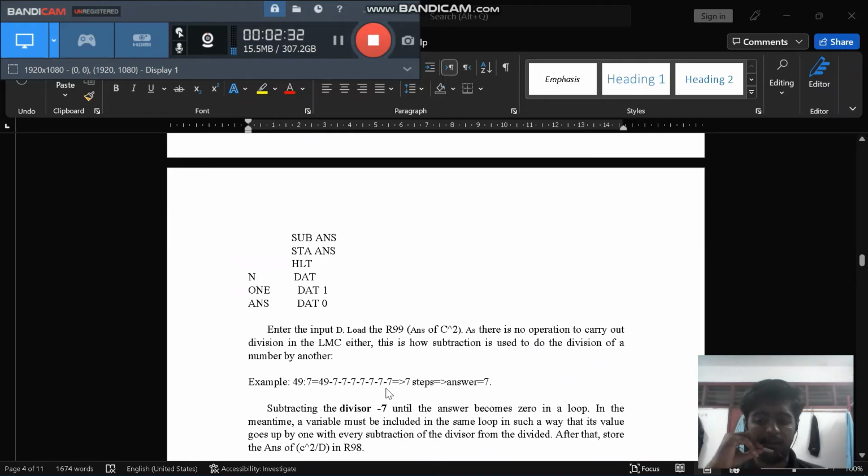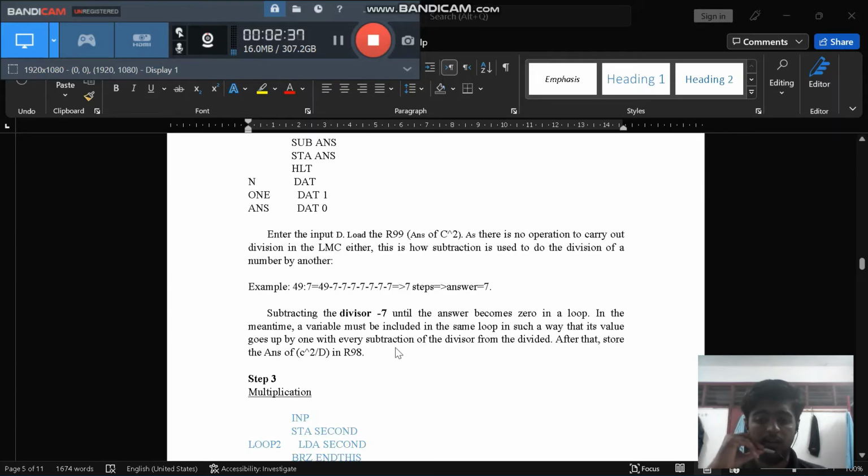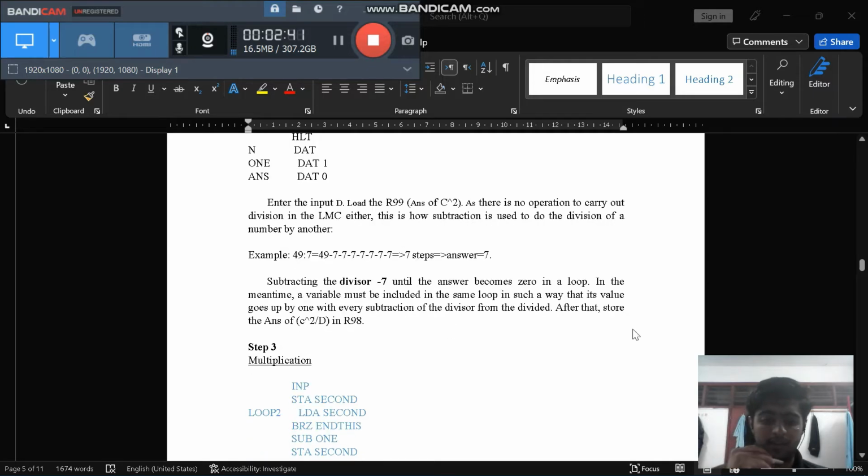So it subtracts 7 until it is executed with the last answer, which is 7. So subtracting the divisor, 7, this is stored in R98, register 98.